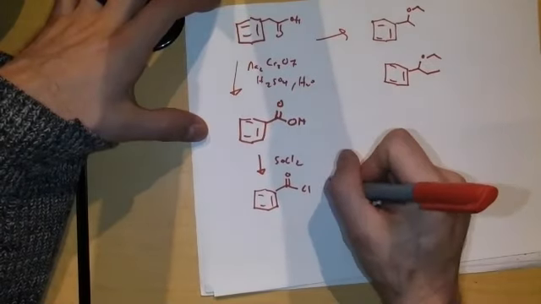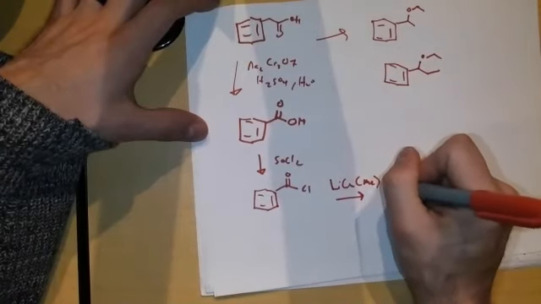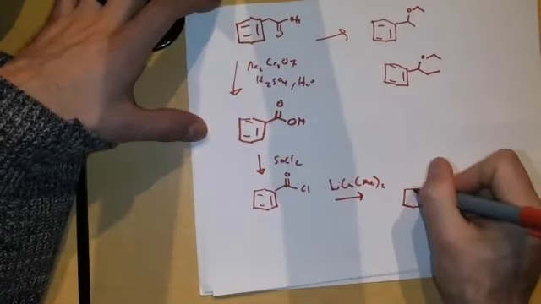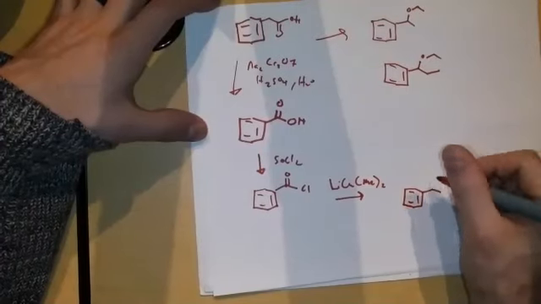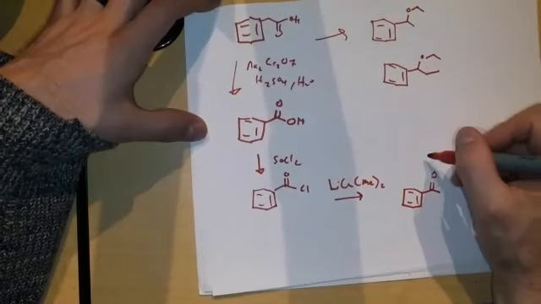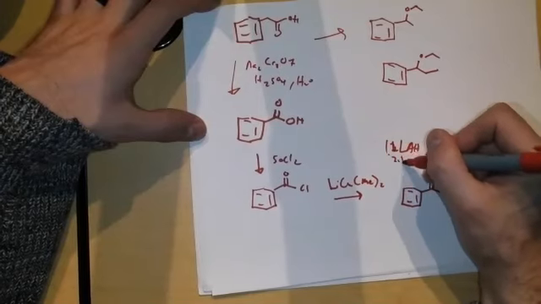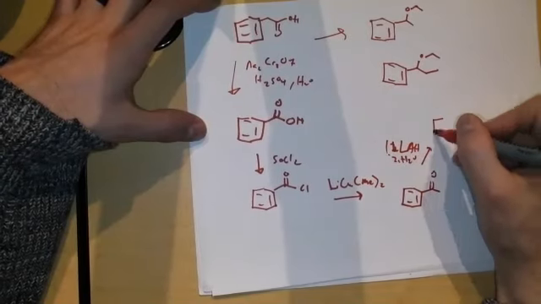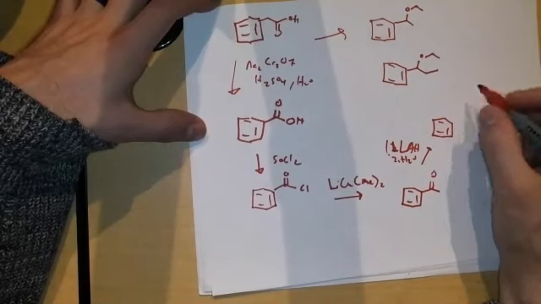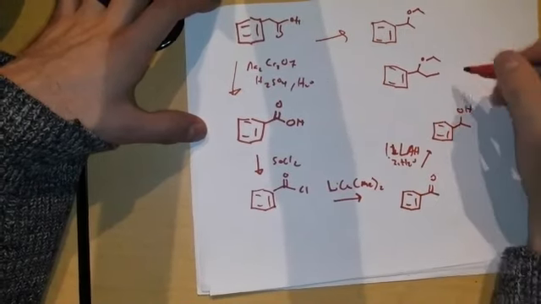So if I add LiCu methyl, reduce it, LAH, and then I can alkylate.